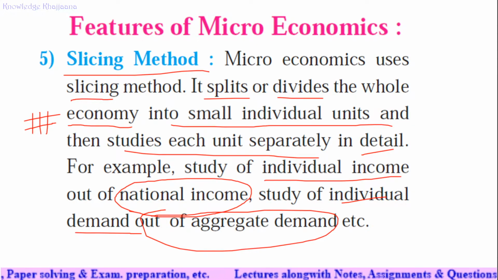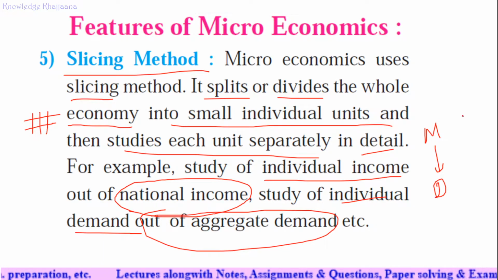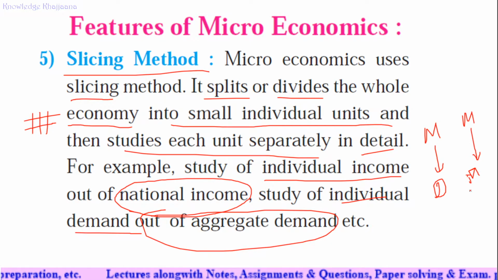Another example in economics for the slicing method: different marketing managers are given specific areas for marketing a specific product. An individual marketing manager is given his specific area. For example, one marketing manager is given Delhi, another is given Mumbai. So slicing is done so that the study can be done in detail, and he can concentrate on the area given to him.